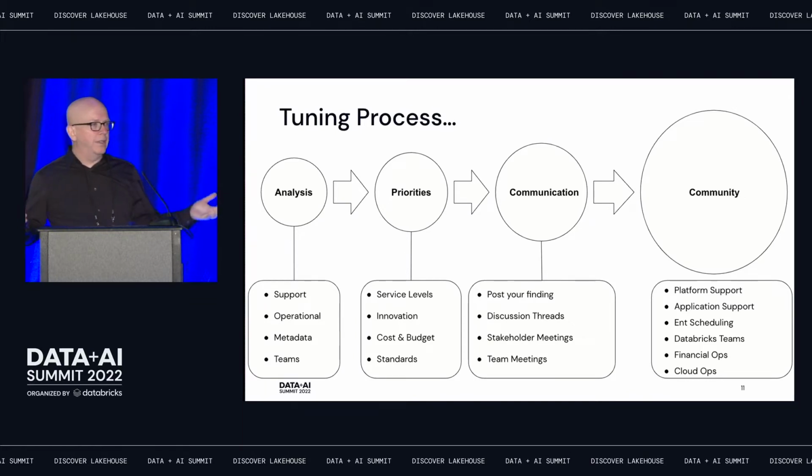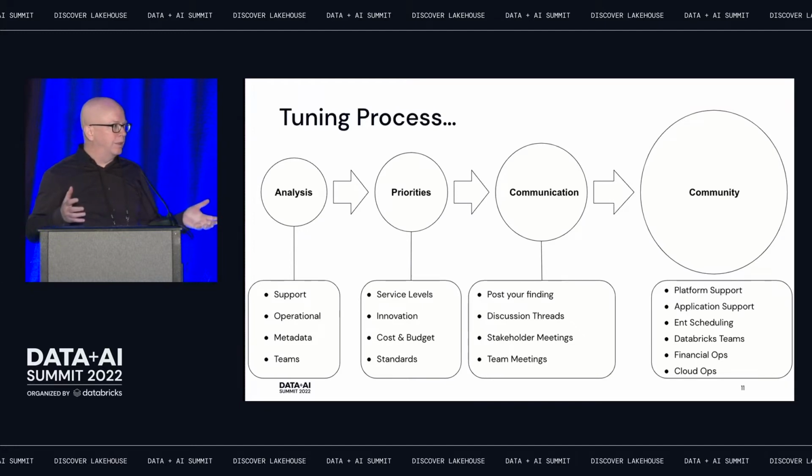You look at the metadata that you can find in your Lakehouse. And then additionally, you're working with teams, kind of listed here on the right, and you're getting feedback. And then you prioritize. Are you prioritizing for service levels, innovation, cost and budget, uptime?